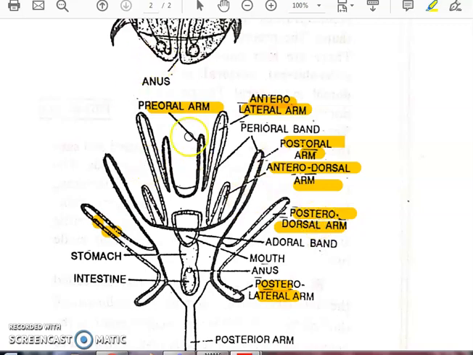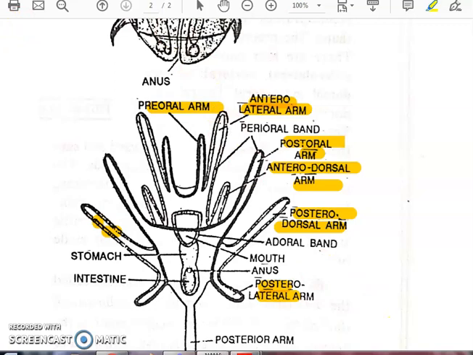The ciliated band is present all over the arms. Echinopluteus larva also sink to the bottom and undergo very rapid metamorphosis that takes just about an hour, and the adult is formed within an hour when the larva starts sinking to the bottom of the ocean.